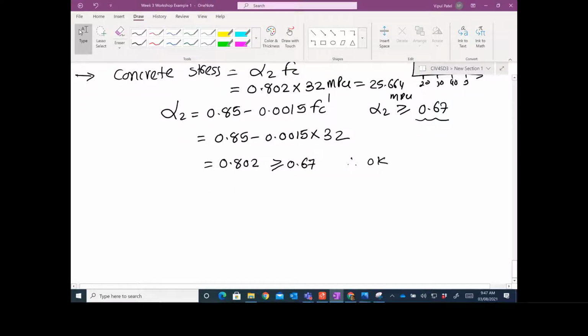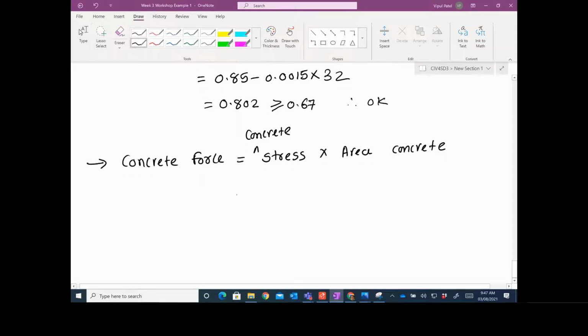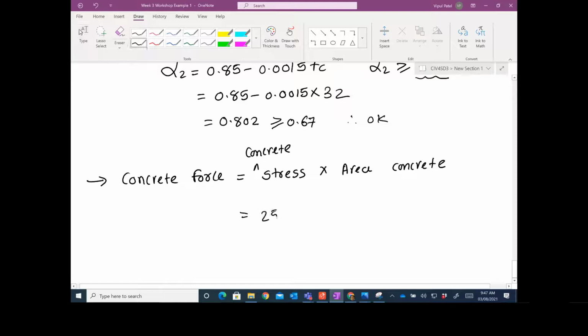Now if I want to find the force in the concrete, it is the concrete stress times the area of the concrete. The concrete stress is 25.664 megapascals. Generally megapascals we can write as Newton per millimeter square. 1 megapascal is equal to 1 Newton per millimeter square.